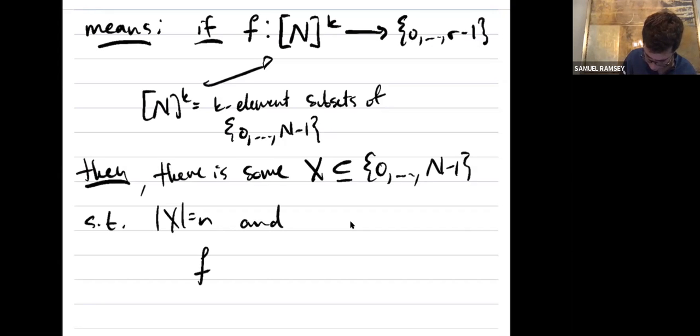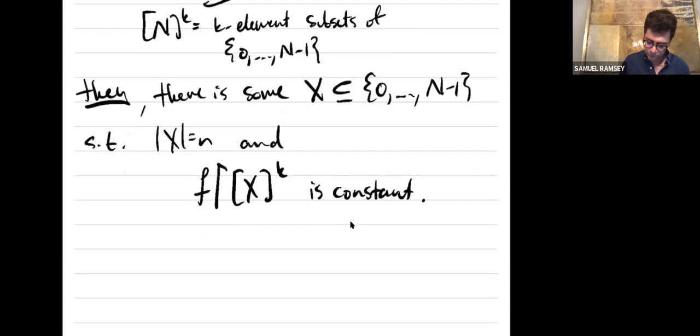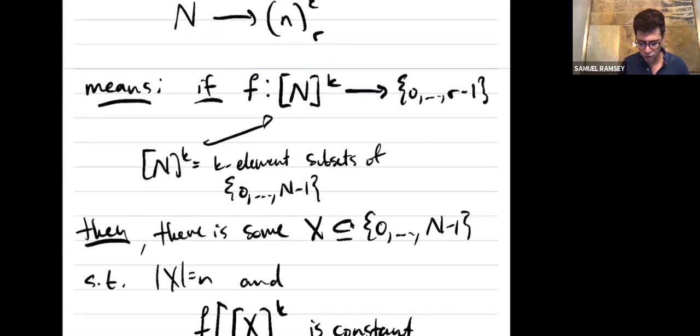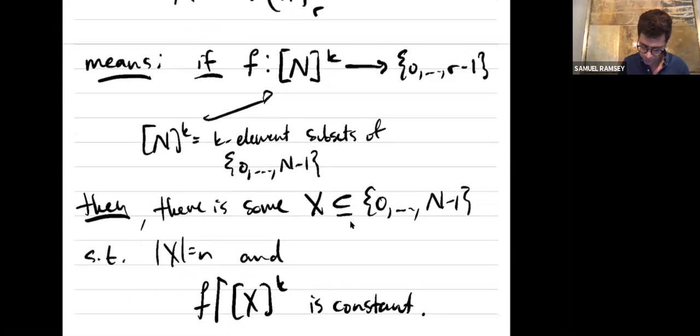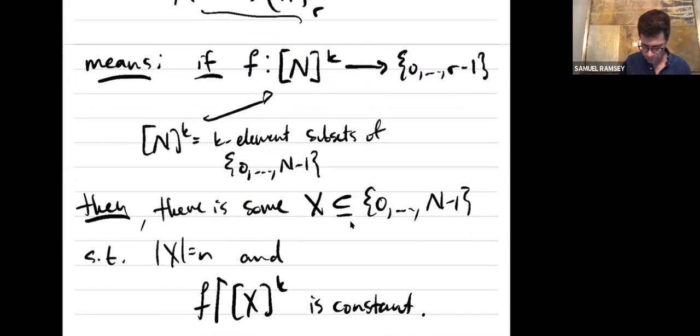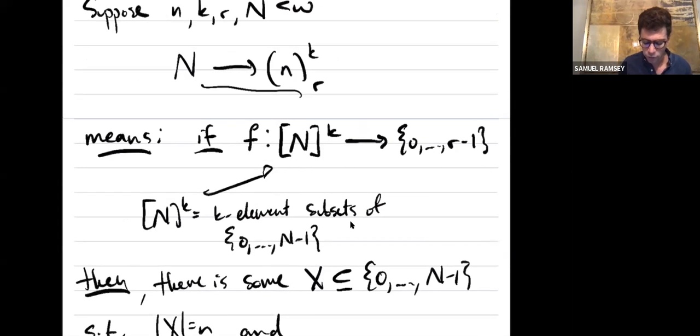So if I look at f and I restrict it to the k element subsets of X, this is constant. This is the notation, and this is what it means. It means the statement: whenever I have a coloring, I can find a homogeneous set, and the specific parameters say that whenever I have a coloring of a really big set, capital N sized, I can find a homogeneous subset of little n size.